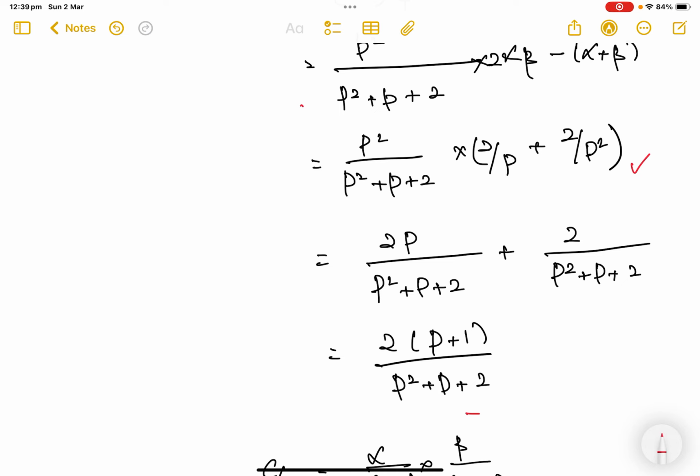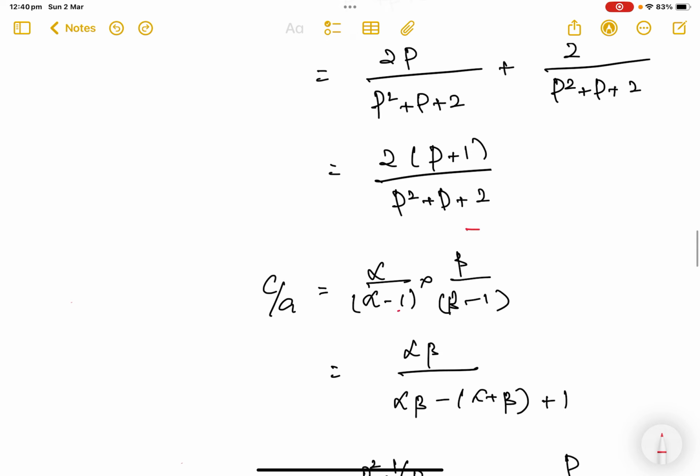I might as well leave it like that to work it out, otherwise it's confusing. If you multiply p squared over p squared plus p plus 2 times 2 over p, that will be 2p over p squared plus p, because 2 times p squared, and p cancels out. Then if you multiply p squared over p squared plus p plus 2 times 2 over p squared, the p squared cancels, leaving 2 over that.